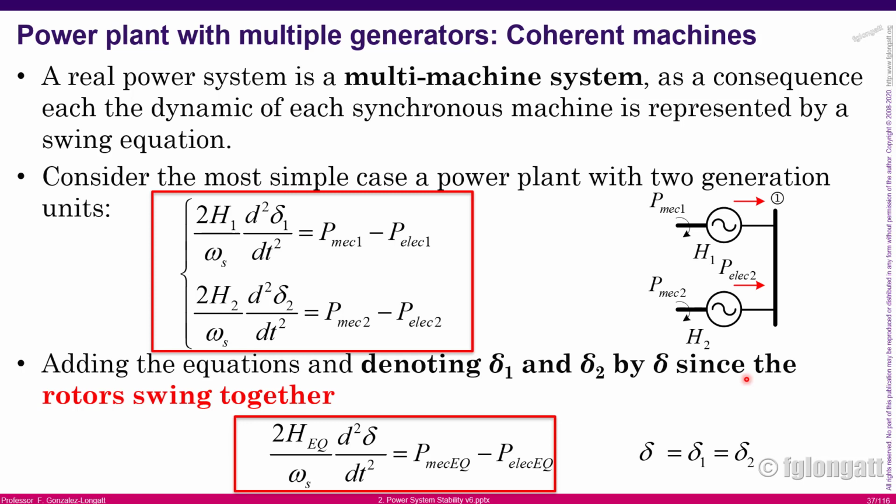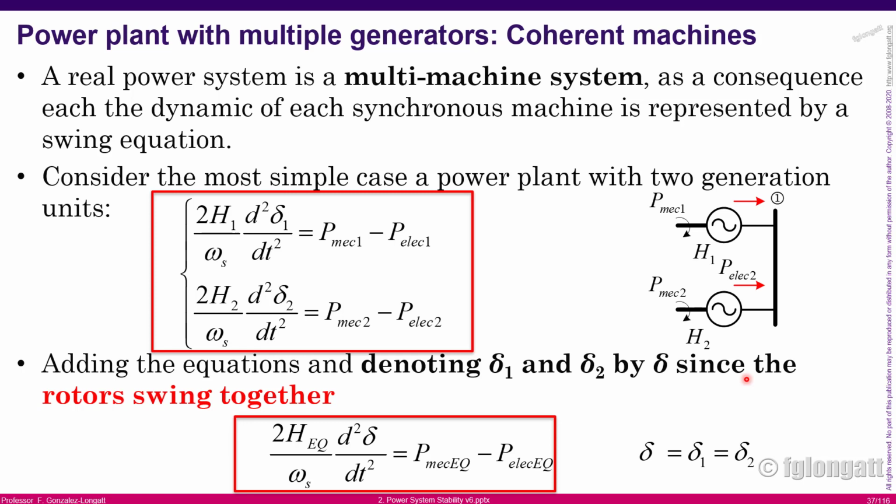What I'm trying to say is that in a multi-machine system, when there are many synchronous generators, you will have as many swing equations as generators you have in your power system.